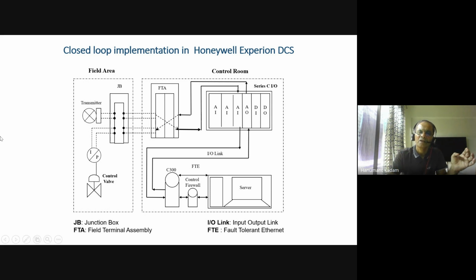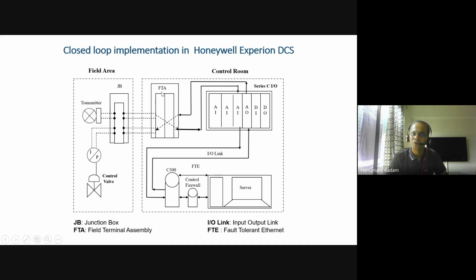If this is the Honeywell system, the nomenclature is slightly different: FTA, series C, IO link, C300, control firewall, FTE. If you are talking about the same general slide but comparing with the Yokogawa DCS, then the card names will be different.